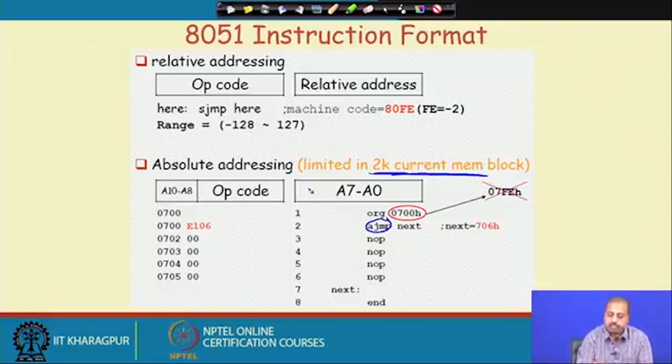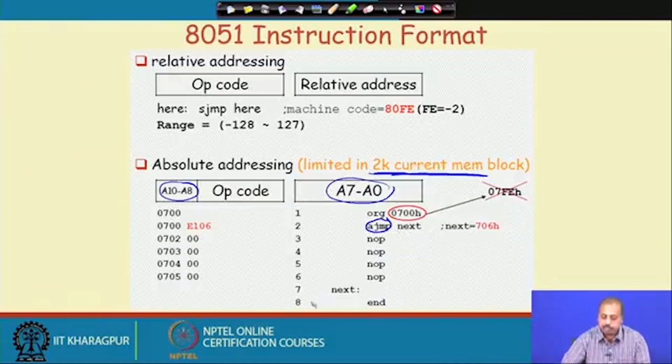Because the address mentioned is A0 to A7 and A8 to A10. So, a total of 11 bits are devoted for keeping the offset, and with 11 bits the total range of numbers that you can have is 2 kilobytes. As a result, it cannot be more than 2 kilobytes. So, we can have this AJMP next instruction.